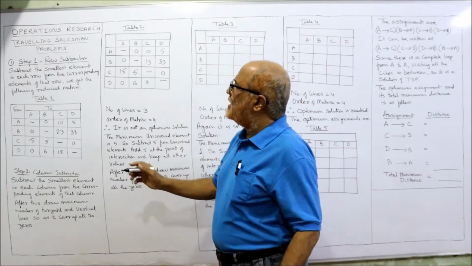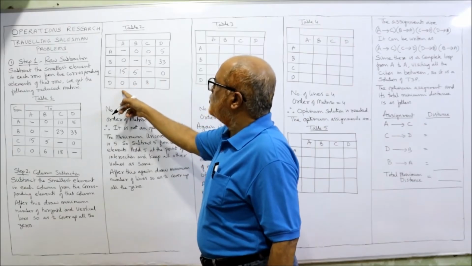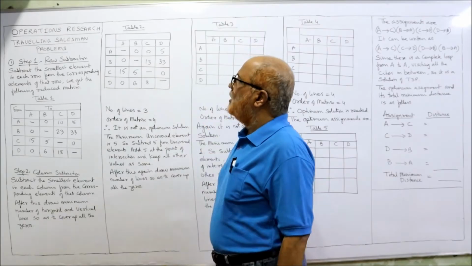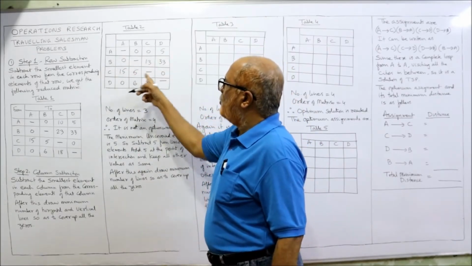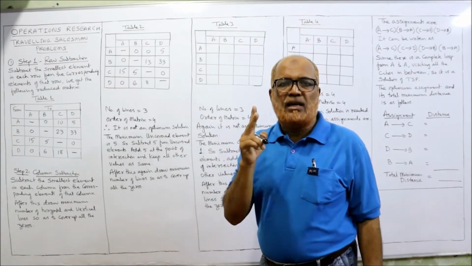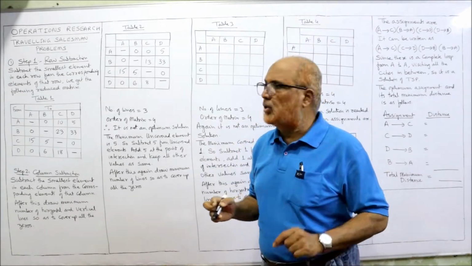Column wise, if you see, in one vertical line we can cover up 2 zeros. Here 1 zero, here 1 zero, here 1 zero. If we go row wise, here 2 zeros, 1 zero, 1 zero, 1 zero. So a maximum of 2 zeros we can cover in a single line, vertically as well as horizontally.